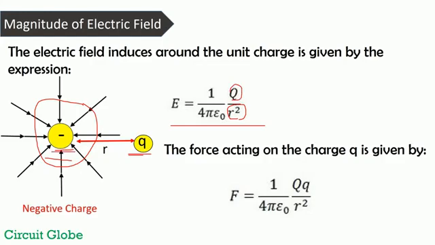Okay, now what happened when we are placing this unit charge in the field of the charge, so that charge experience the force of attraction or repulsion. Okay, so the force that induces in this charge particle, it is calculated by this expression. Here also these are the magnitude of the charges. R is the distance between the charges, and this term is the constant term. So these are the two formula which we are using for calculating the electric field around the charge and the force that acting on the charge.